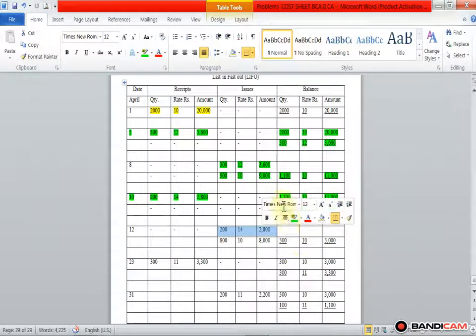So 200 units are issued, the remaining balance is 800, and that 800 is issued from 1100.